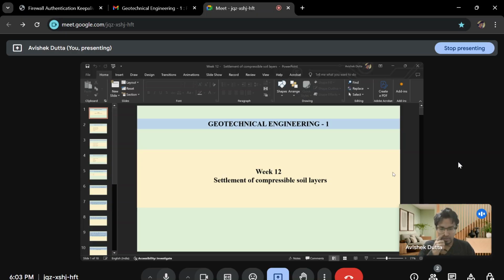In this session, we are going to delve deeper into the concepts of settlement in soil layers using various factors like coefficient of permeability, coefficient of compressibility, coefficient of volume change, coefficient of consolidation, degree of consolidation, time factor, everything.